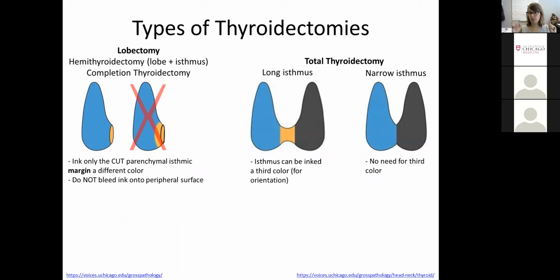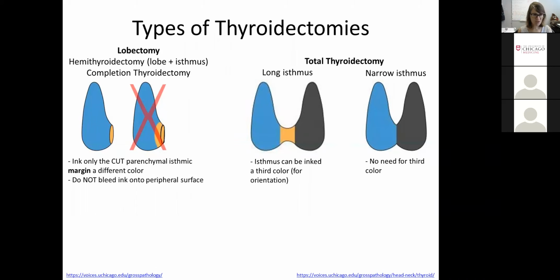If it's at the peripheral margin, they don't do anything else. Interestingly in thyroid, peripheral margin positivity does not require re-excision. It requires probably radioactive iodine for microscopic disease. However, with a positive isthmic margin, they know if they go and take the other lobe out, the patient is clear. So that is why we ink it that way.